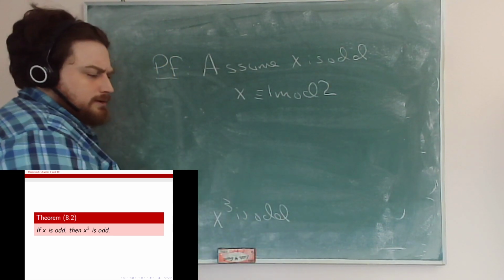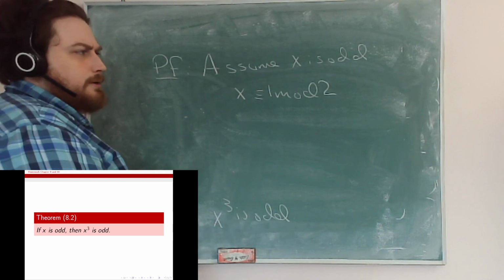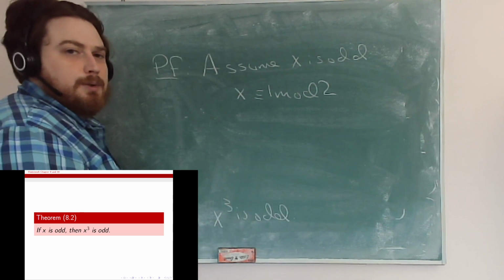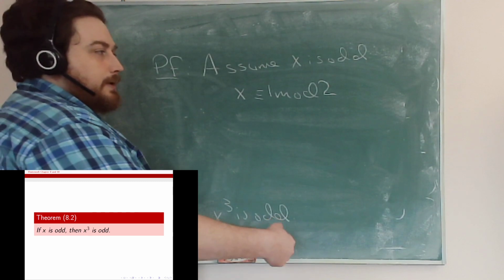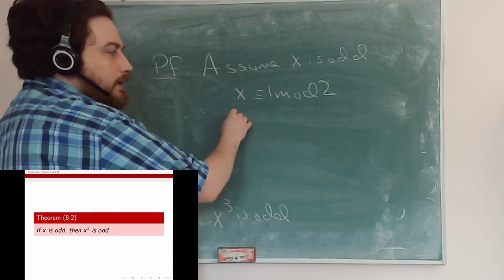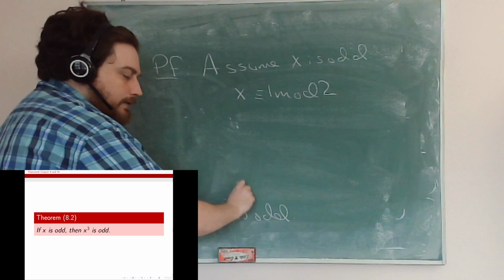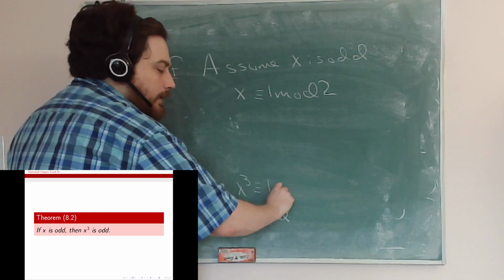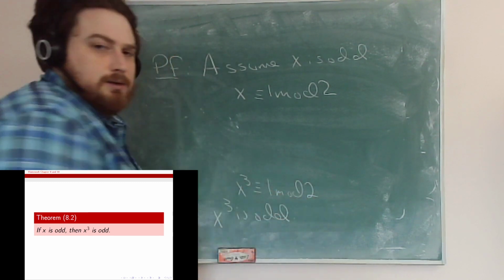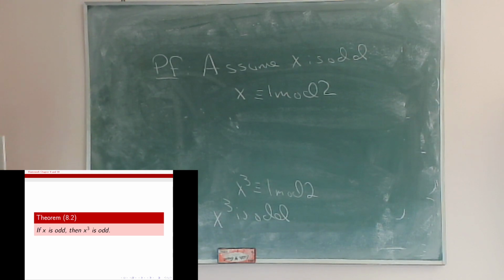The reason I wanted to do this is to show you how to use modular arithmetic, because you probably don't have as much experience with that. Then I have to show that x cubed is congruent to 1 mod 2. So I'm going to use the same definition at top and bottom.